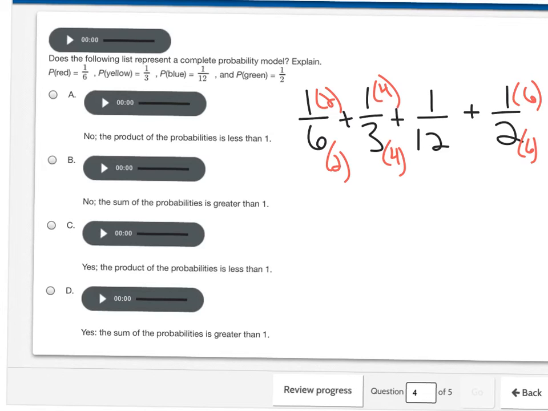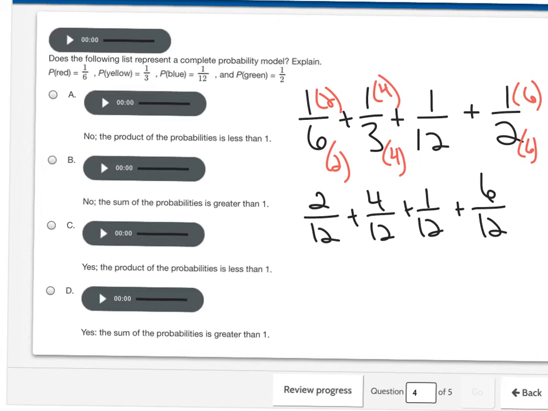Then our new fractions would be 2/12, 4/12, 1/12, and 6/12. If you add those together, 2 plus 4 is 6, plus 6 is 12, plus 1 is 13. So we got 13/12. That's not possible.